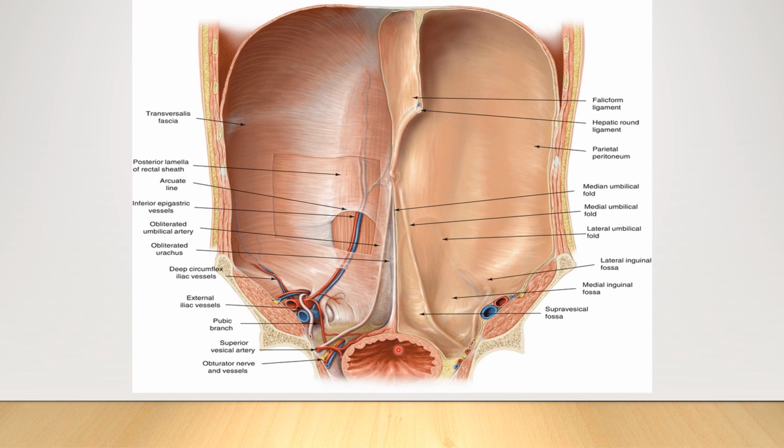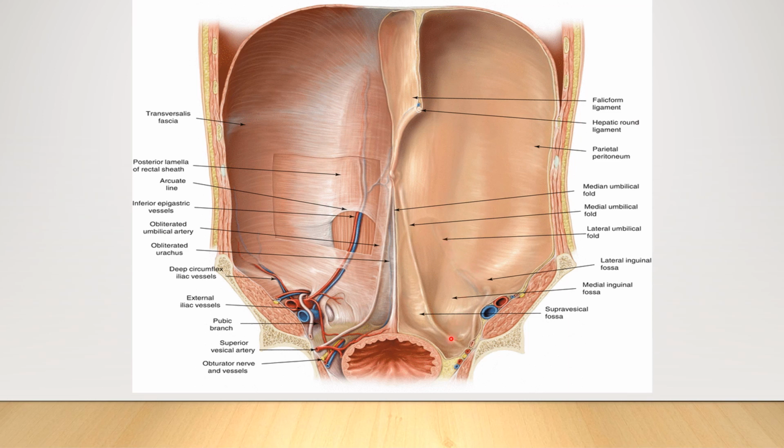Over here you see, this is the bladder and this is the umbilicus, and this peritoneal fold going from the apex of the urinary bladder towards the umbilicus is known as the median umbilical fold, covering the median umbilical ligament. Then this is the medial umbilical fold covering the medial umbilical ligament, and this is the lateral umbilical fold, and that covers the inferior epigastric vessels. You can see the vessels running behind it.